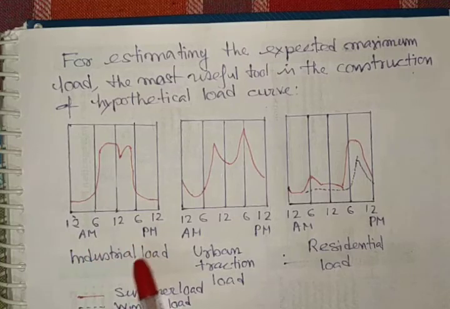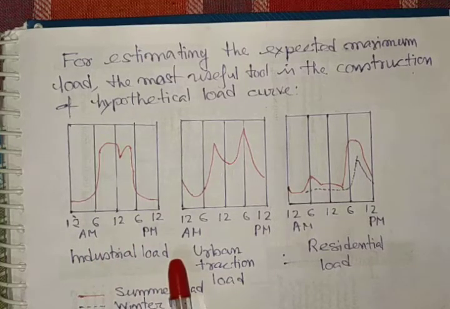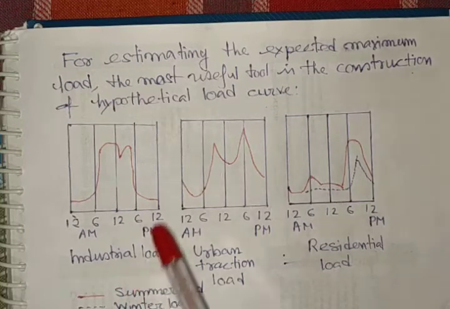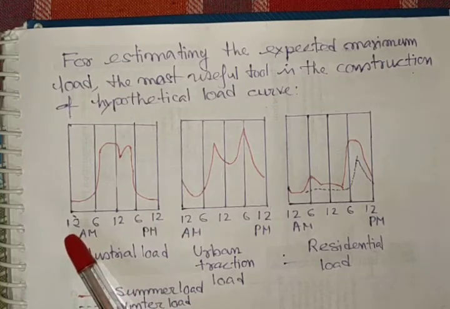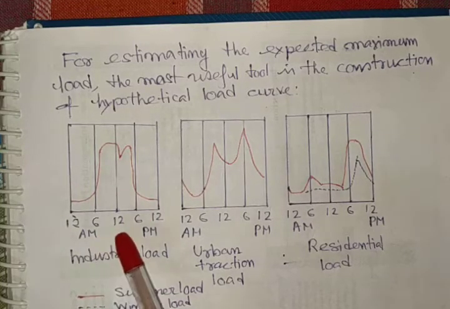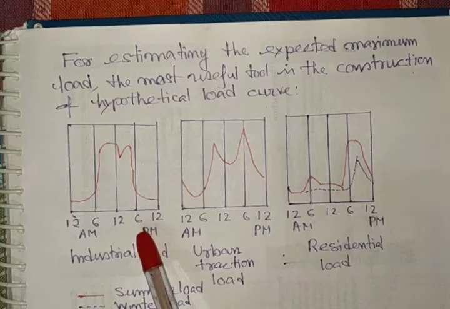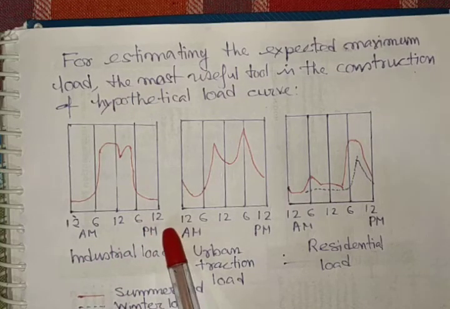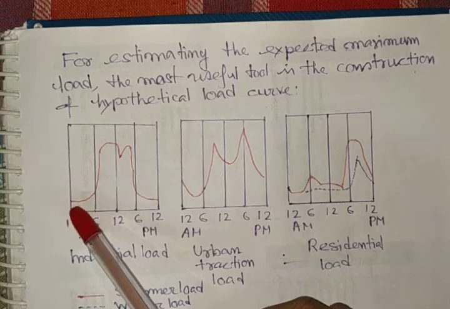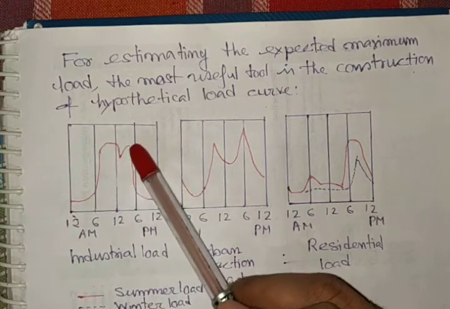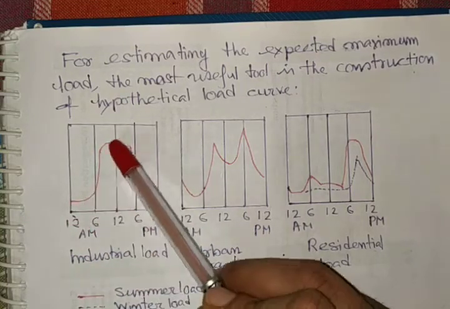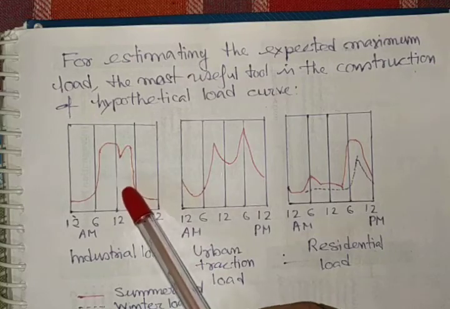Suppose for an industrial load, for a particular industry, this is 12 a.m., 12 noon, 6 p.m. and this is 12 at night. The power consumption curve is basically given by these red lines.